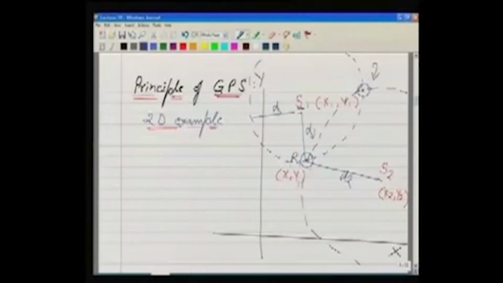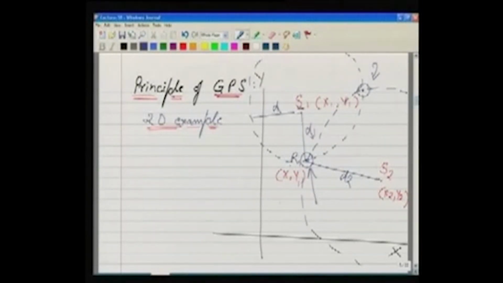Right now I am doing it graphically, but it can be written mathematically and solved. If we know from some domain knowledge, for example that we are on the surface of the earth and cannot be up there in the sky, then one of those positions can be eliminated. So basically we are able to fix this particular position by these two distances.